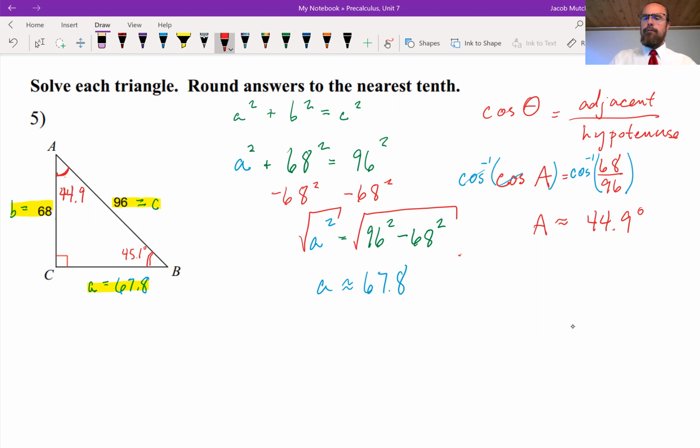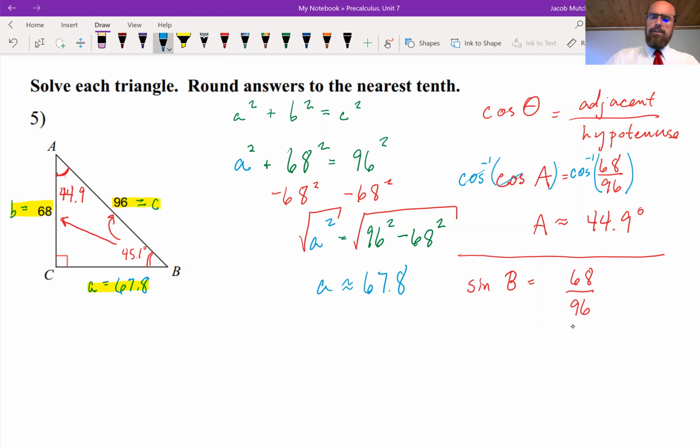We could confirm it using another trig ratio. So if I was going to do so, I would set it up from angle B and say that the opposite side divided by the hypotenuse, which is sine of B, equals 68 over 96.